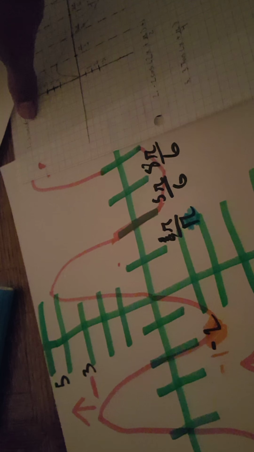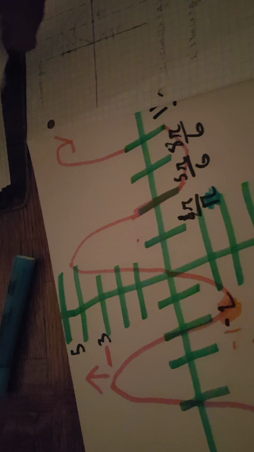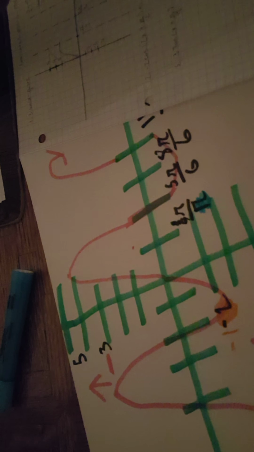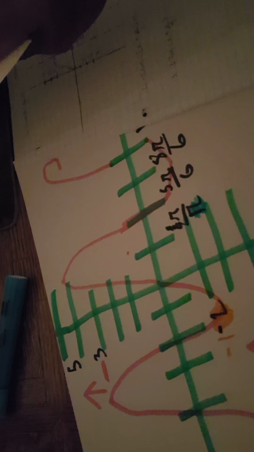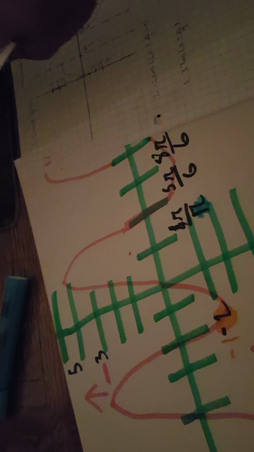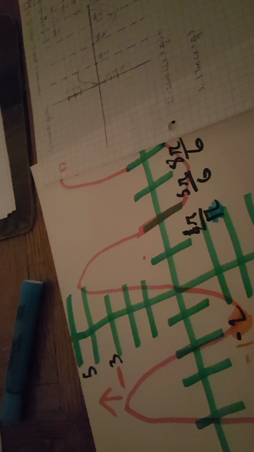When you're doing this, pause the video and think about this. Now, did you get 11 pi over 6? And if you did, yeah, you're right.